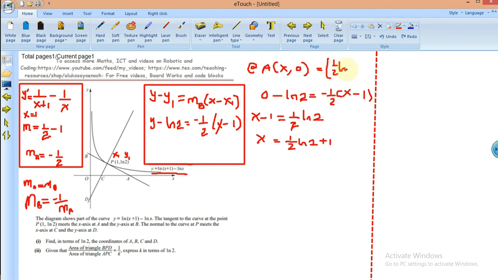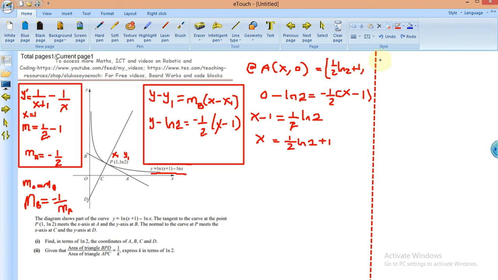So when y is 0, the coordinate for x will be half ln 2 plus 1. So the coordinate for A will be half ln 2 plus 1 comma 0, or 1 plus half ln 2.